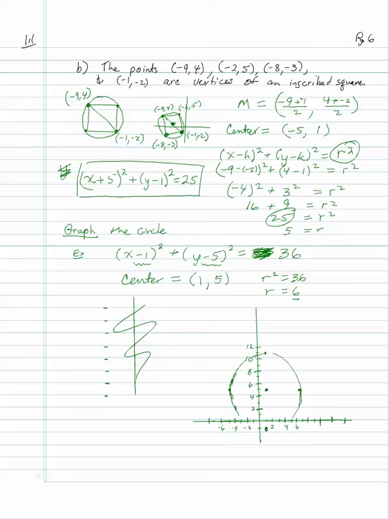Okay, my compass isn't working very well. So anyway, that's the way you do it. If you're doing it on a computer software program, it's pretty easy. You just set the center, and then you drag out the circle until you get the radius to be 6 units. All right, as simple as that.